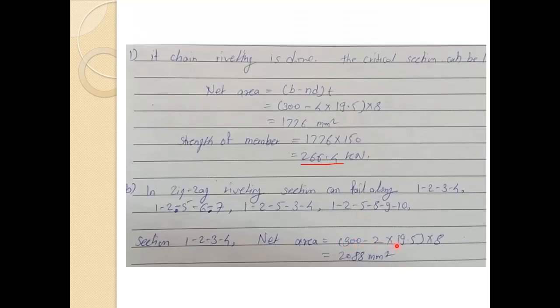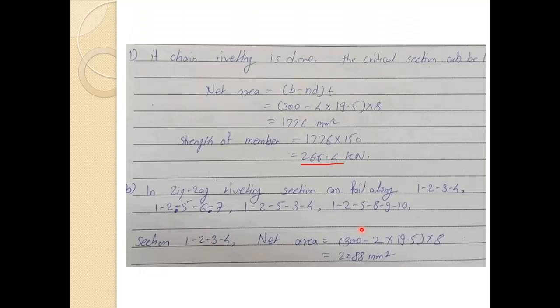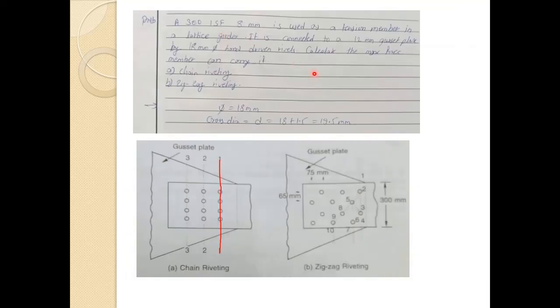So 300 minus 2 into 19.5, into 8, that becomes 2088 mm square. This is for the section 1, 2, 3, 4. Now moving to the next section, that is 1, 2, 5, 6, 7.